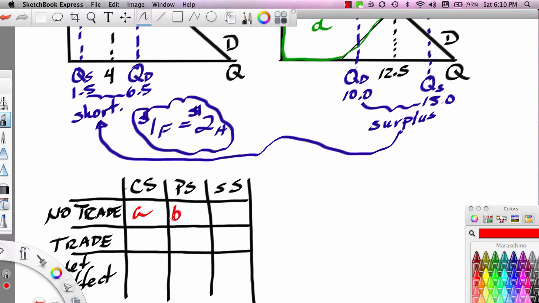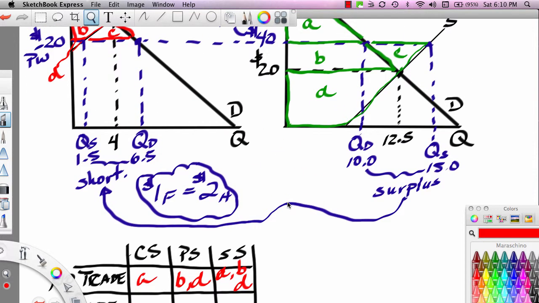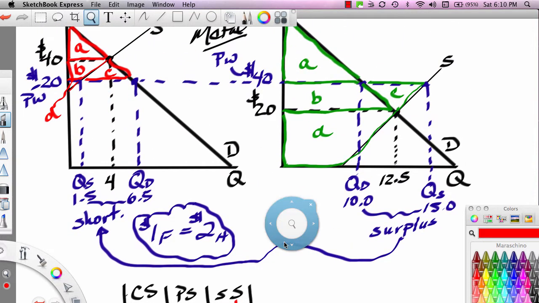Producers get B and D. So society gets A, B, and D. Okay? Now, after trade, it's not quite as clear. Let's go back up there and look. After trade, be careful. Consumers actually get what?